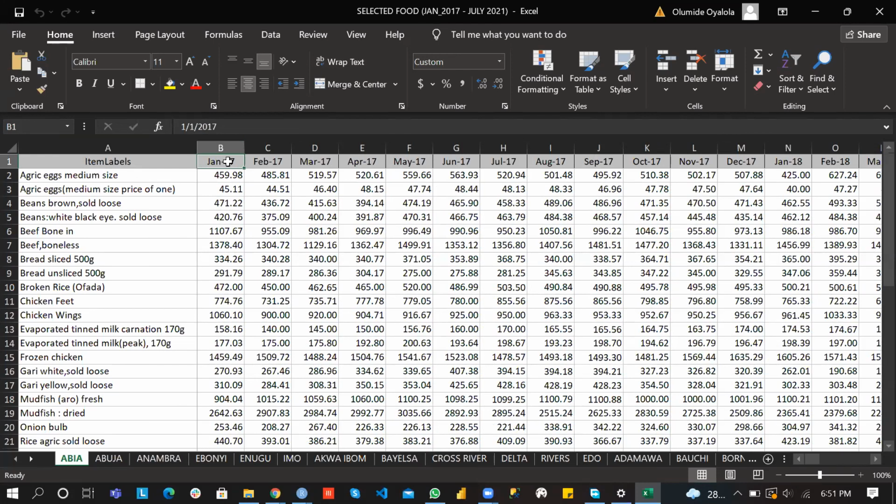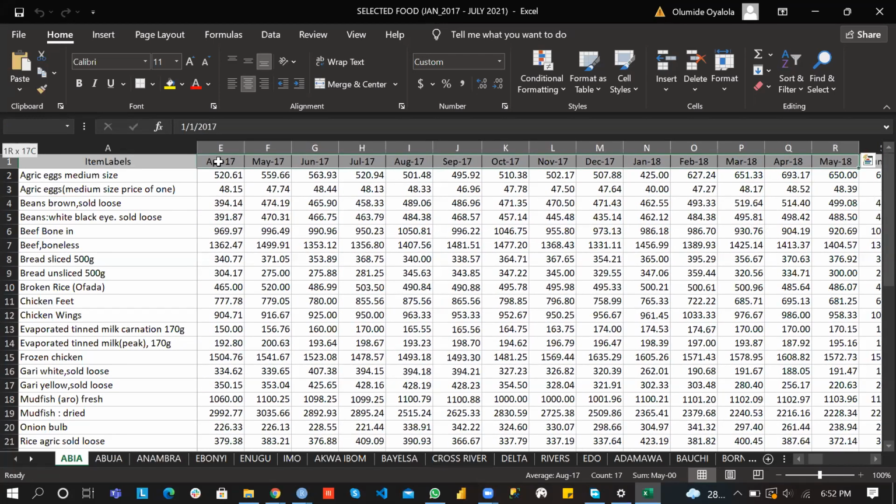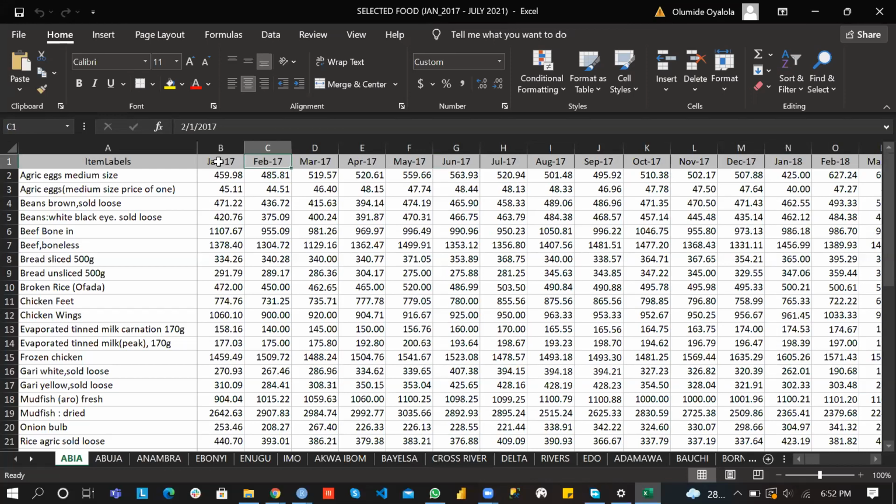Now, bringing back our understanding of tidy data sets, all of this information on the columns is meant to be a value of a variable, because it answers to the time point at which the data set was collected, and it is meant to be a value in a variable, not a variable itself.